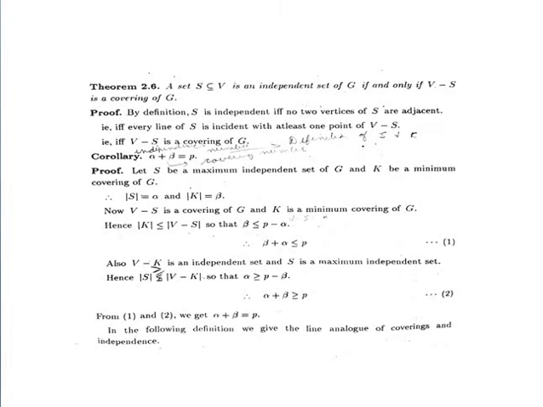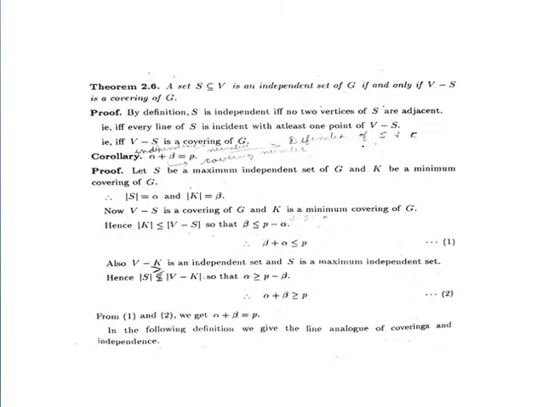Also we have seen that V minus S is a covering of G and K is a minimum. We know that covering is always minimum, independence is maximum. Hence |K| is less than or equal to |V minus S|, so that beta is less than or equal to P minus alpha.